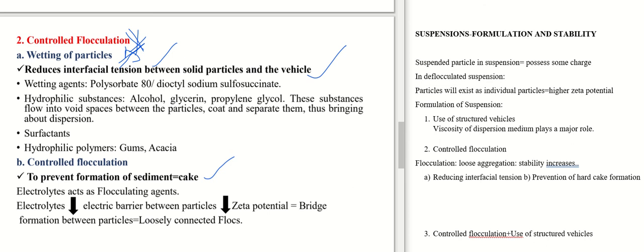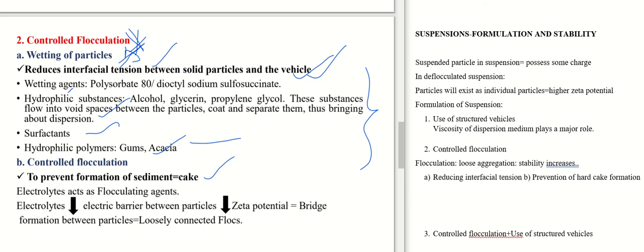To improve the wetting nature of the particle, we have different ways: by addition of wetting agents, by addition of hydrophilic substances which include glycerin, propylene glycol, alcohol, and by use of surface active agents like wetting agents and hydrophilic polymers like gums and acacia. These have a greater advantage and also a disadvantage.